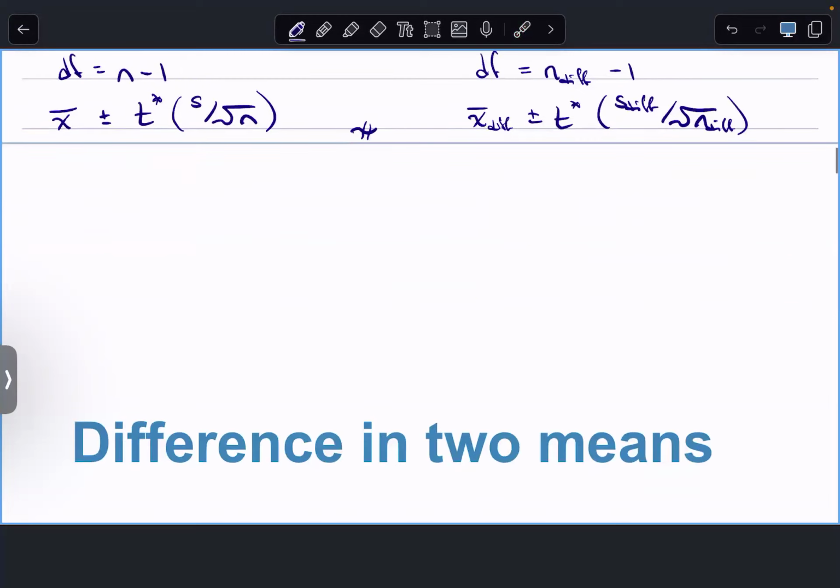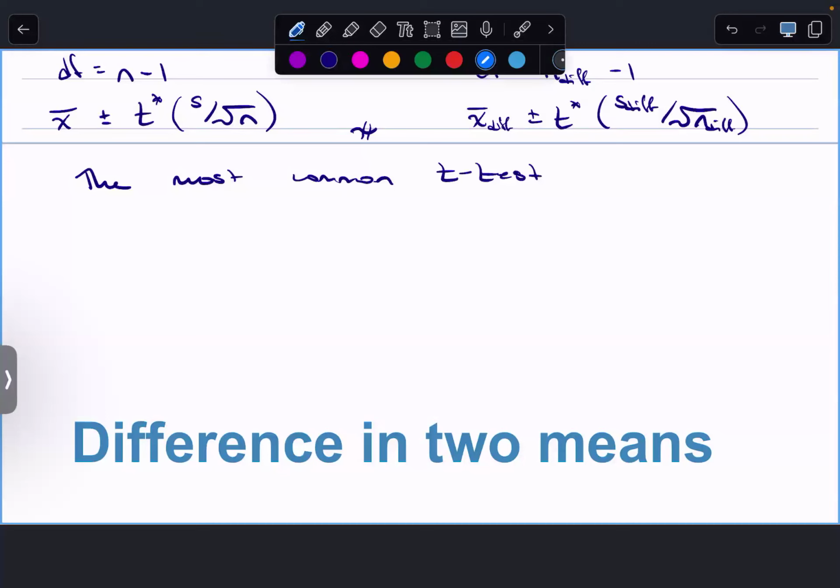Okay, so I'll write that down here. The most common t-test, which is a hypothesis test with t as the test statistic, just so you're good with the lingo.